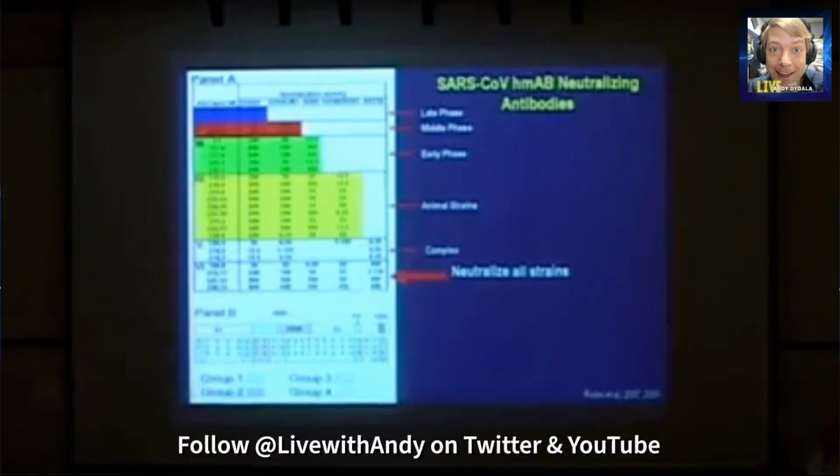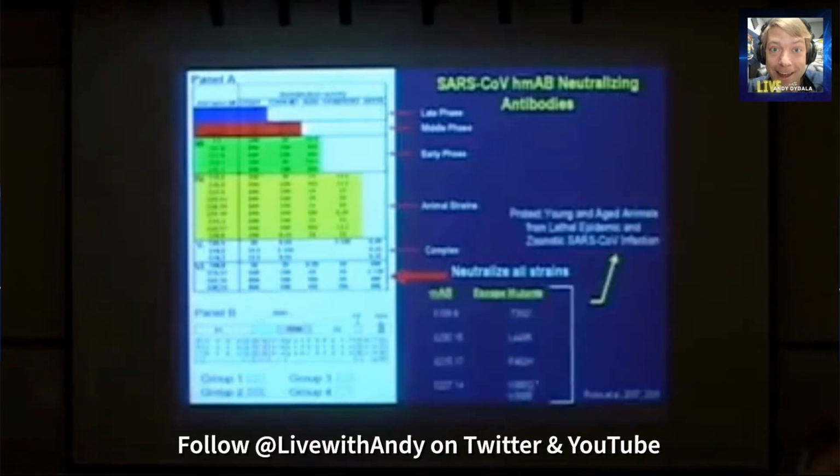But you do end up with 4 antibodies that neutralize all strains that we have in our portfolio, including the ones that were adapted in vitro on human airway cultures. Importantly, if you select for escape mutants, these antibodies select for changes in different locations of the receptor binding domain.